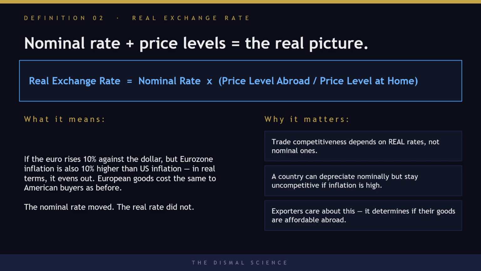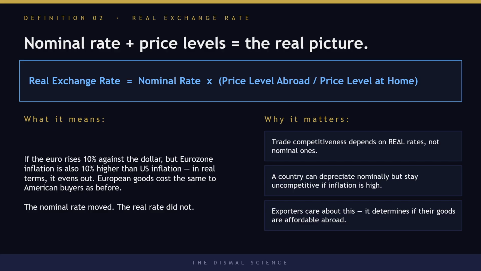Okay, so I have spent quite some time explaining why the nominal rate is just a price. Well, then what do we actually want to look at? And that brings us to the second lens, the real exchange rate. And the formula is quite simple and quite intuitive. If everything in your country gets more expensive, your currency buys less, in real terms.